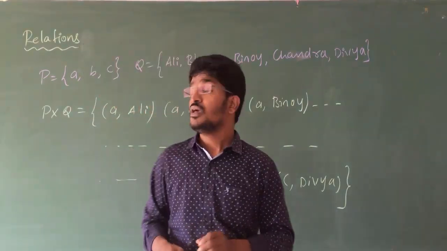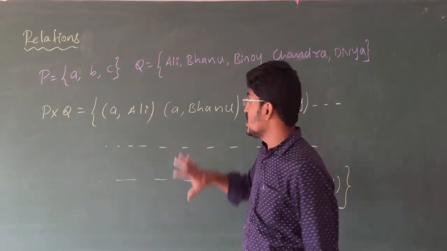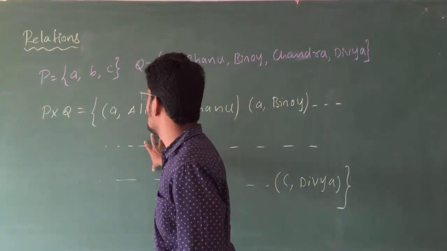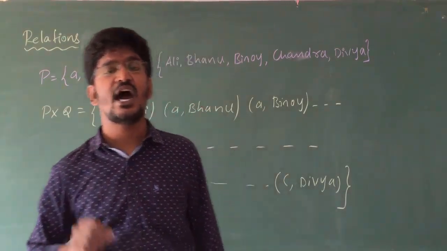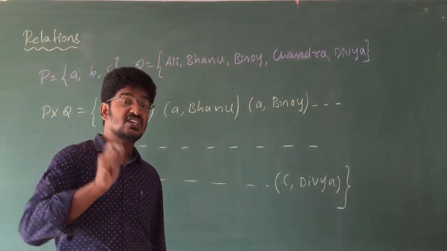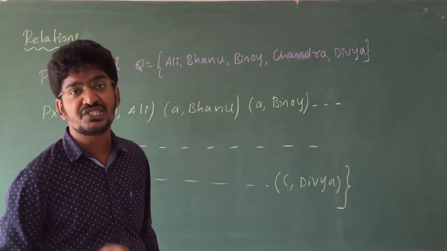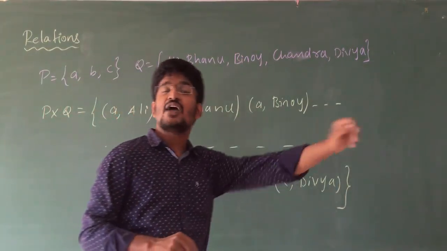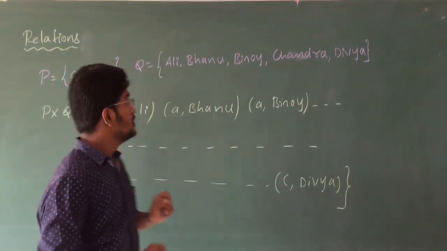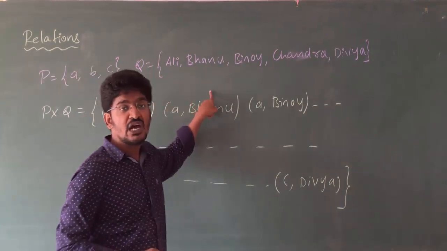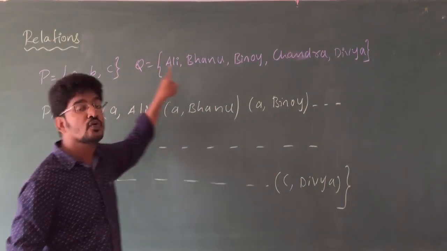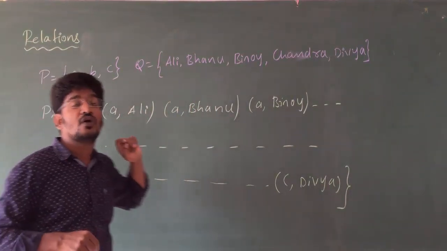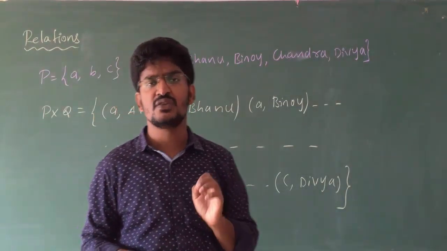Listen carefully. Now, using this P cross Q as one set, I will define a relation which is a subset of P cross Q. Please understand this. I will define a relation between P to Q which is a subset of P cross Q. You must listen very carefully.